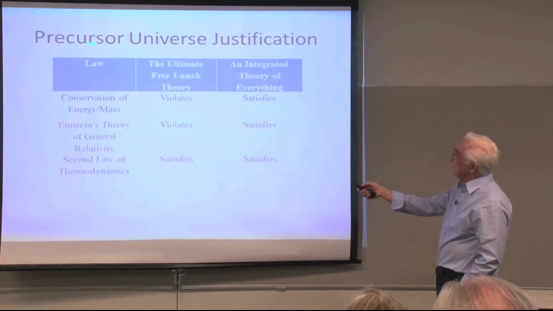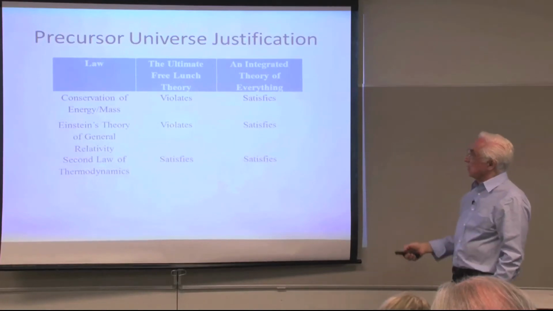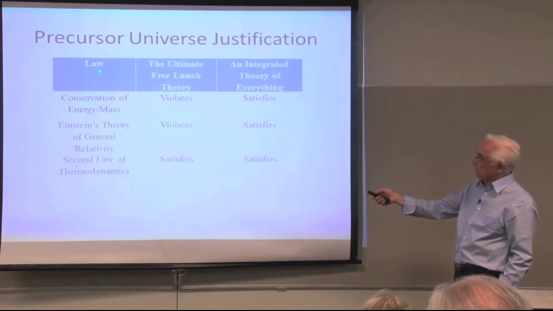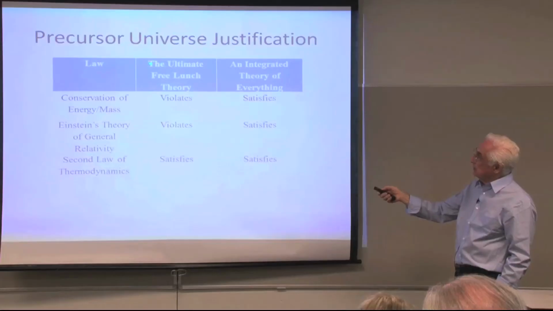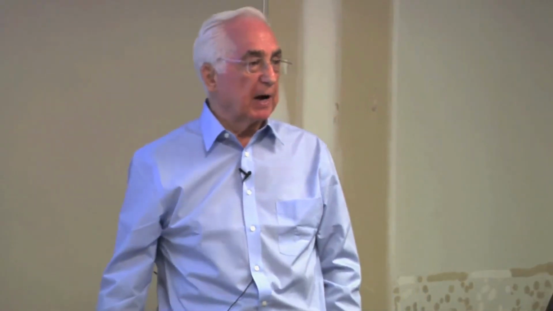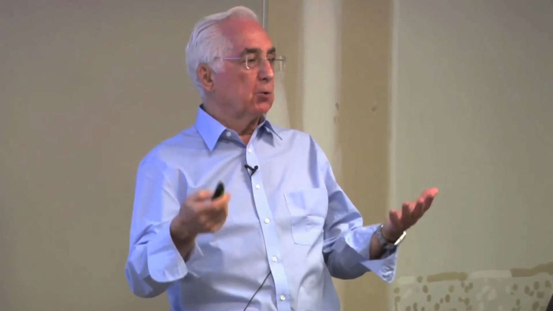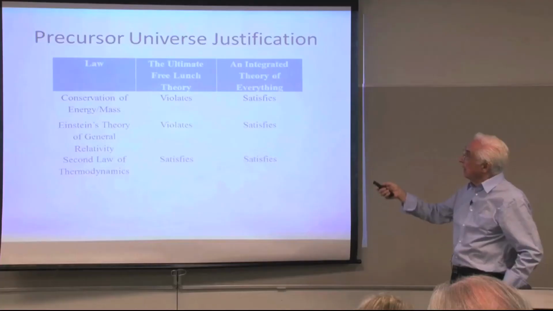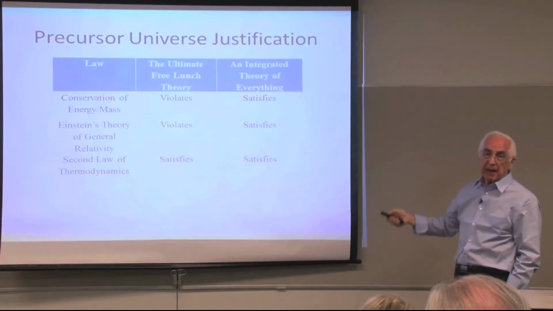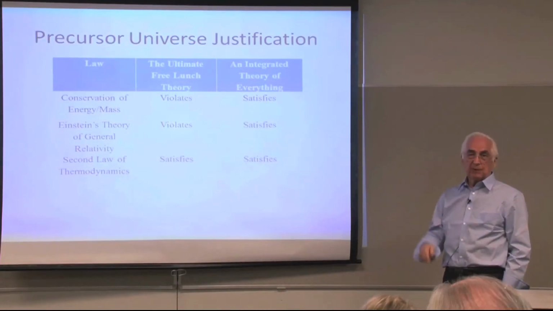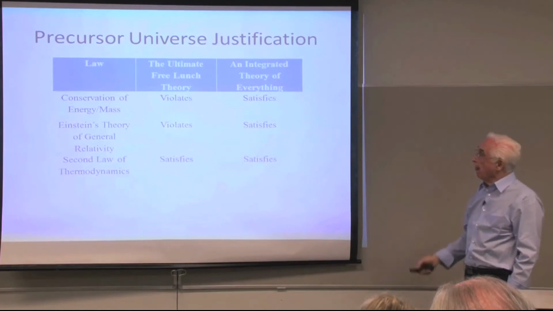Now, this table shows the precursor universe justification, and there are 3 columns. The first one has 3 laws of physics. The second is the ultimate free lunch theory. That is the prevailing theory of cosmology, or how our universe was created. And this is believed by 90 to 95% of physicists today.